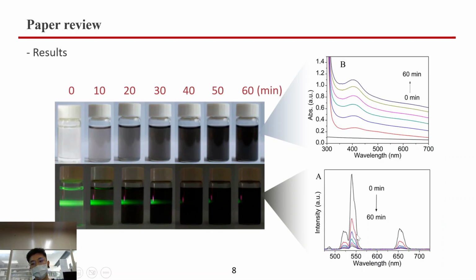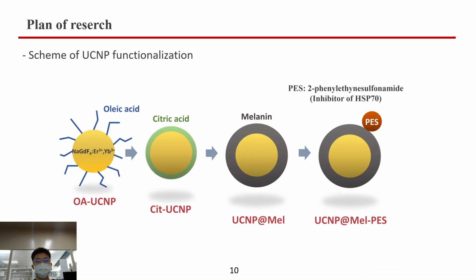From the spectra, we can see the quenching of fluorescence increases as the reaction time increases, and the absorption coverage also increases with reaction time, due to the nature of melanin with its broadband absorption in the visible range.